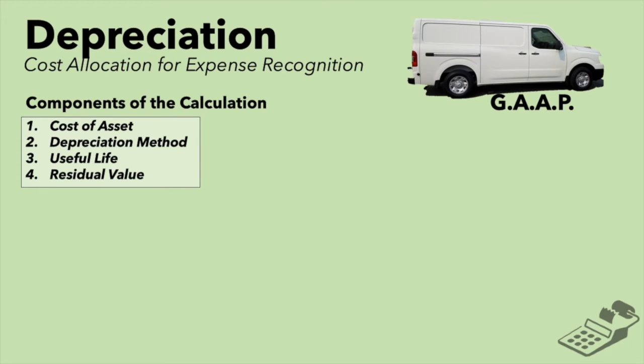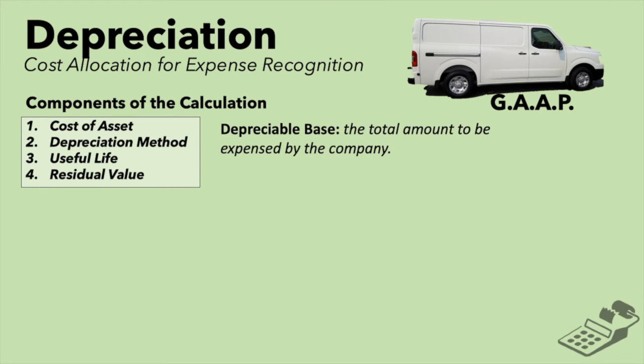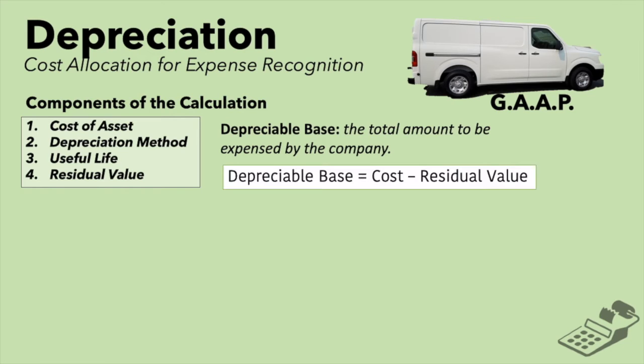Now, when we look at the calculation, the first thing we want to know is what the depreciable base is for the asset. The depreciable base is the total amount that's going to be expensed or depreciated by the company. We determine the depreciable base by taking the cost of the asset and subtracting the residual value, whatever we think the asset will have for a value when we are done.